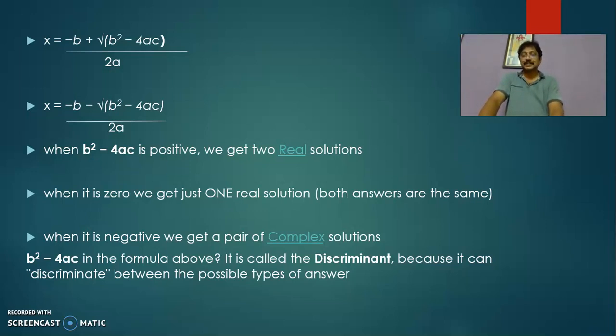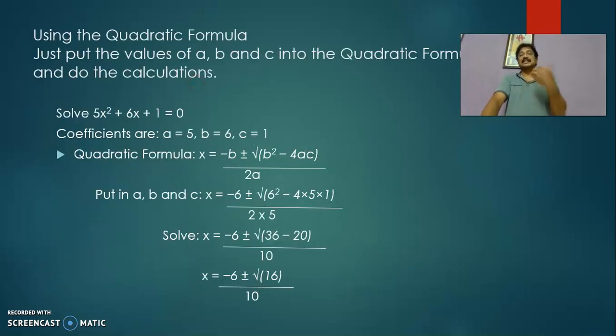So b square minus 4ac in the formula above is called the discriminant because it can discriminate between the possible types of answers. For that reason, we simply call it the discriminant. Maybe you understand that. So by using this formula, you can find the roots of the quadratic equation in a very simple manner.